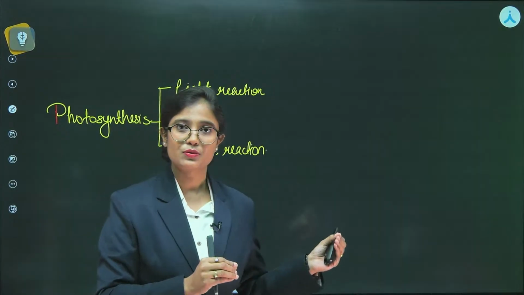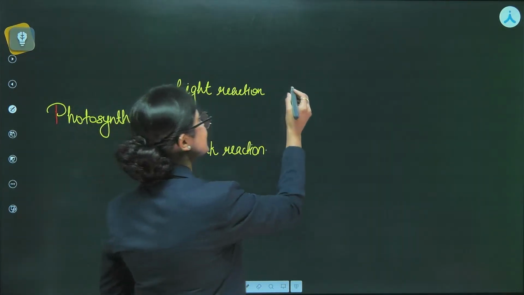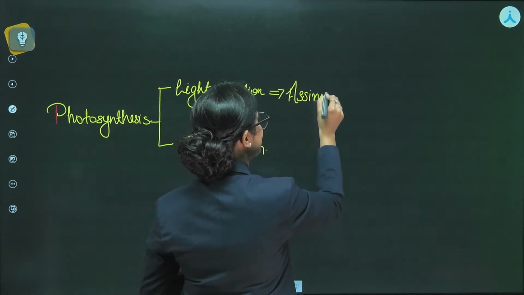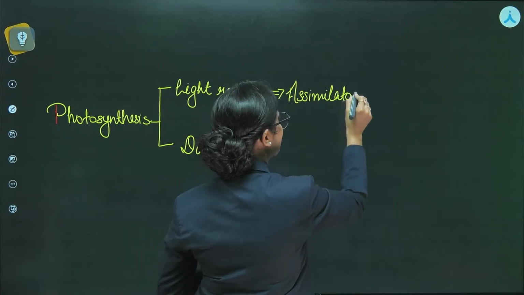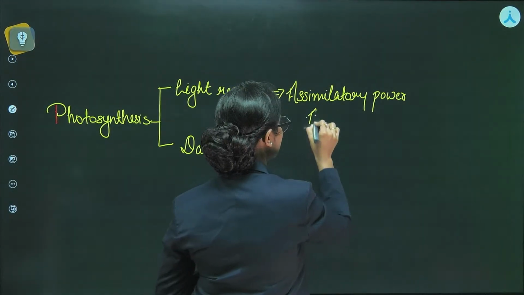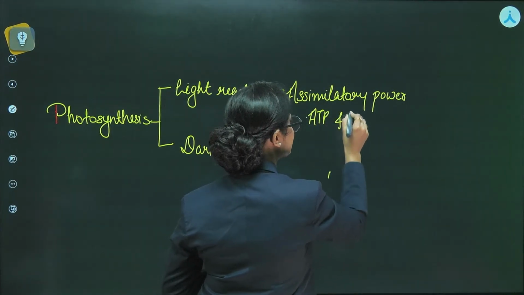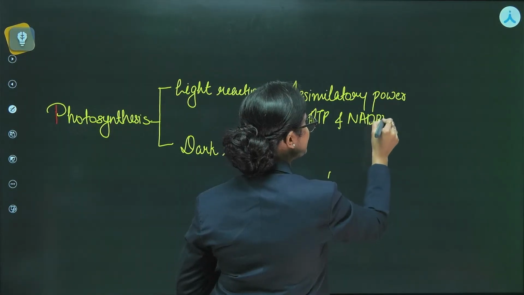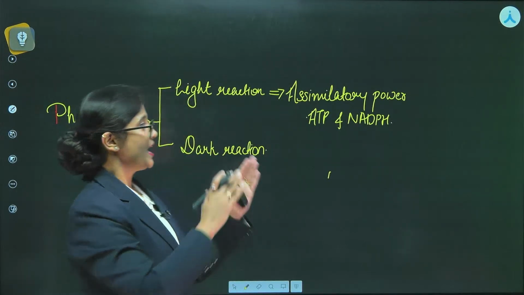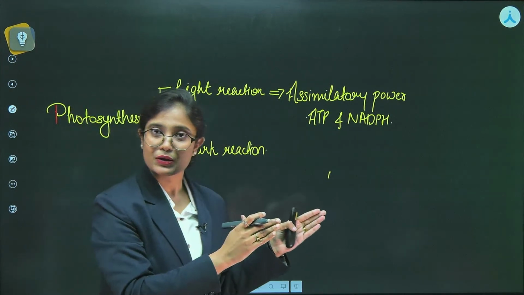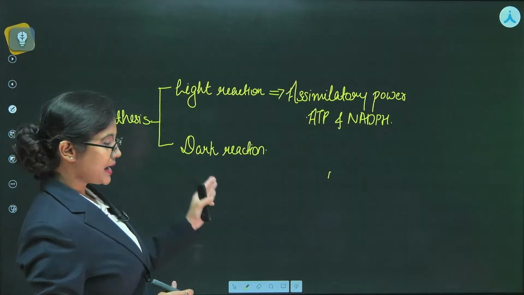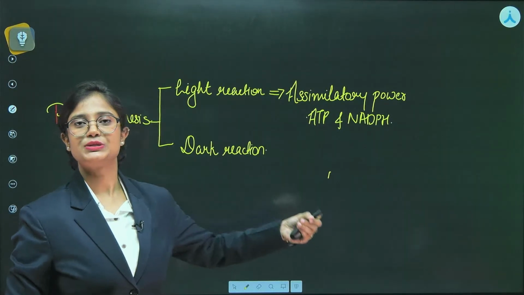And now the products which are formed, or we can say the assimilatory power, which are ATP and NADPH, are utilized in the dark reaction for the formation of food. You know that light reaction takes place in the thylakoid membrane and dark reaction takes place in the stroma. Okay, so here we are going to deal with the dark reaction specifically.